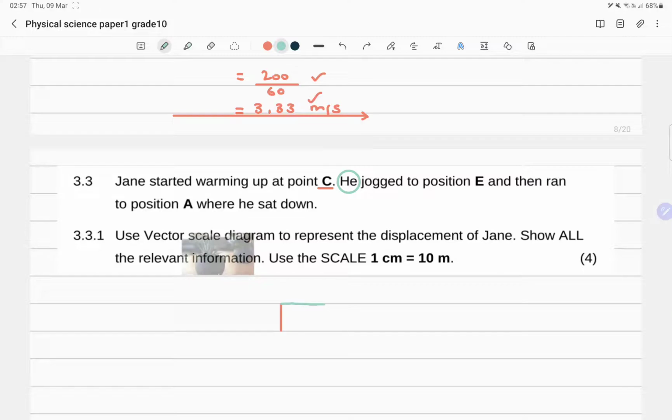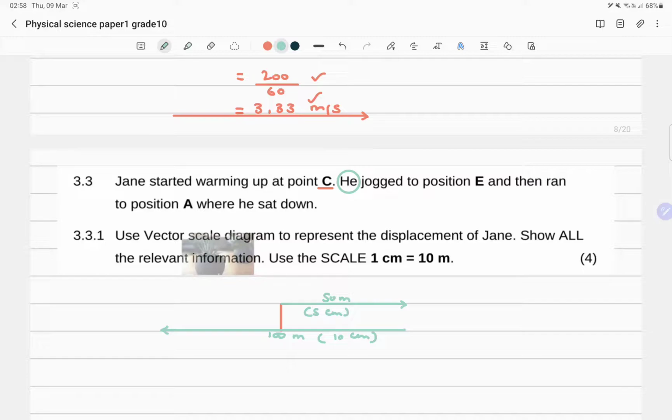Jeanne went that way for 50 meters, so this is going to be exactly 5 centimeters. Then from the same position she went back double that distance. So she went that way 100 meters, which is essentially going to be 10 centimeters.